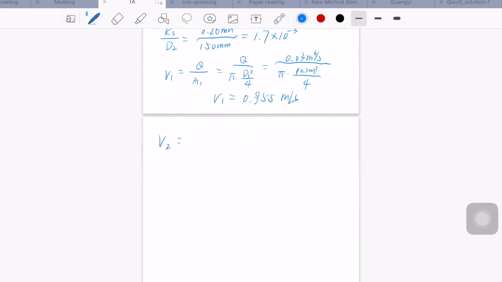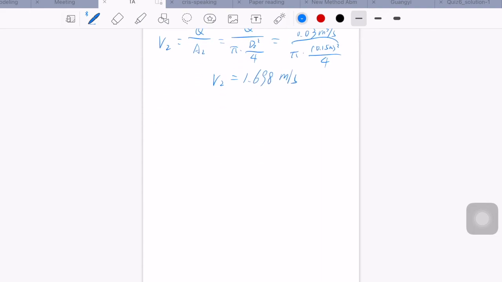And V2 equals Q divided by A2 equals Q divided by pi times D2 squared divided by 4, so equals 0.3 cubic meters per second divided by pi times 0.15 meters squared over 4, so we can determine that V2 is 1.698 meters per second. And then we can determine the Reynolds number for each pipe.